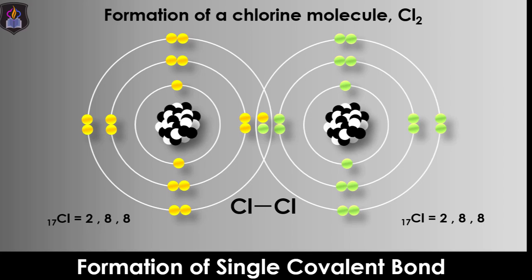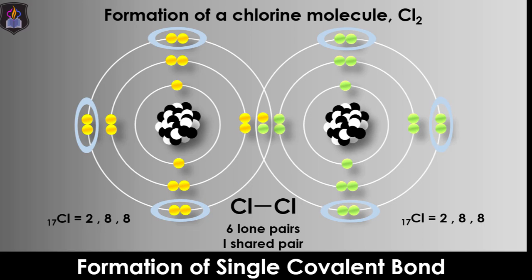The two electrons used in bonding are called a shared pair or bonding electrons, and the bond formed is called a single covalent bond. The valence electrons not involved in bonding are called non-bonding or lone pairs of electrons. There are 6 lone pairs and 1 shared pair of electrons in a chlorine molecule.